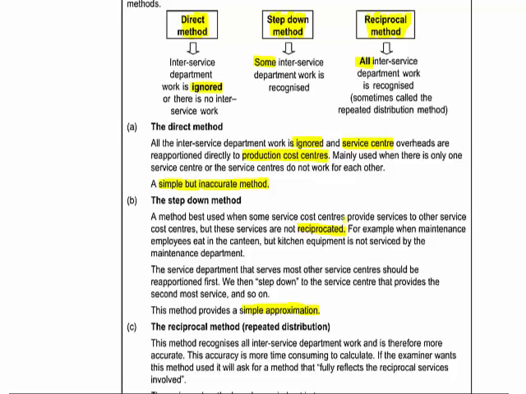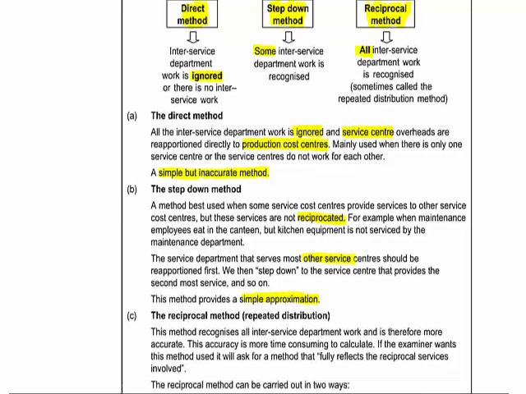So what we would do here is reapportion the canteen cost to the maintenance department and then apportion maintenance to the production departments. If both of the service departments are doing work for one another, we would reapportion the one that does the most first.